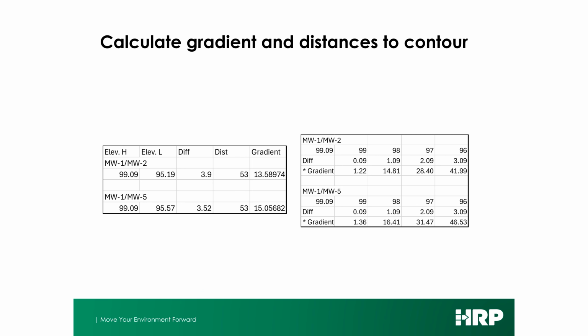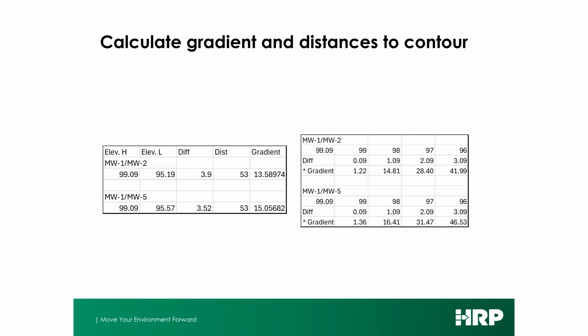I did it for both of these lines. They're slightly different because the gradient's slightly different, but they're the same length and the head change is a little different. Does anybody see where this is going? If I missed a step in here, does this make sense? But basically, I'm multiplying that distance that I want it to be at, that head that I want it to be at, by the gradient, and that gives me the distance out from my starting point.